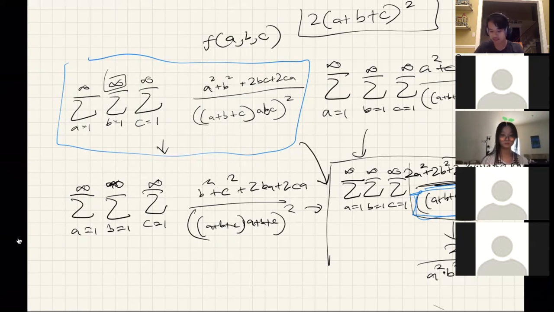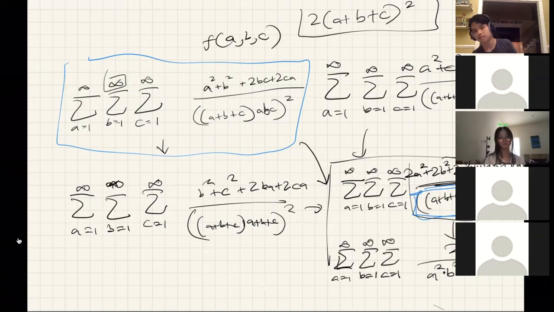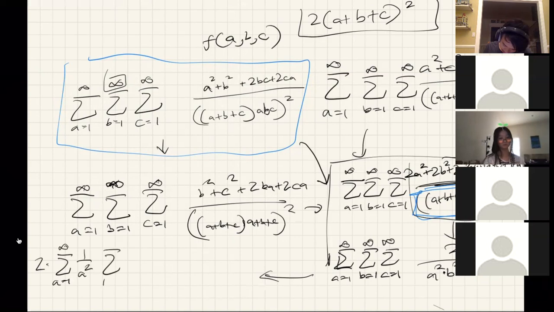But how do we deal with this weird thing over here? Well, the answer is that we just factor the sum. I think I taught this in one of the lectures before, but you can actually factor the sum as 2 times this times this times this.